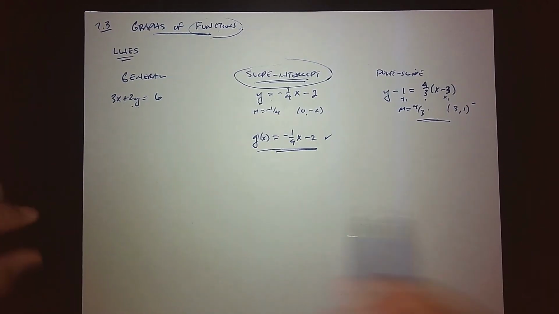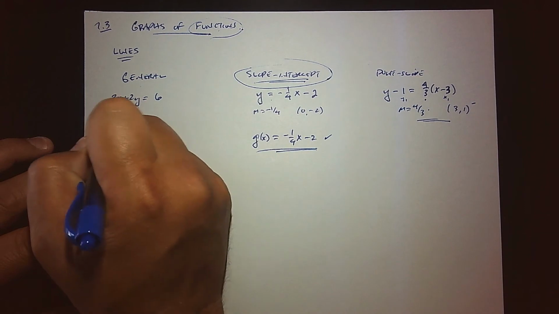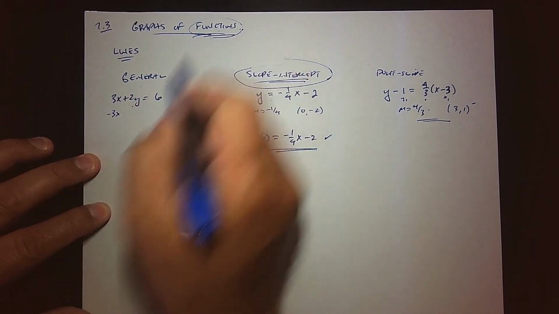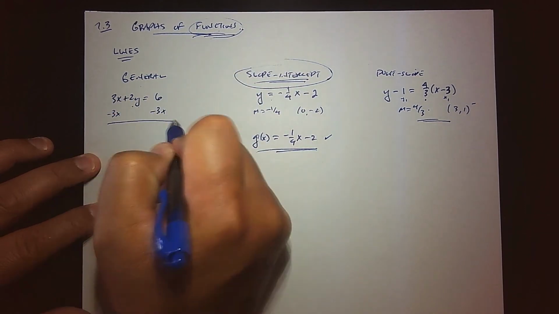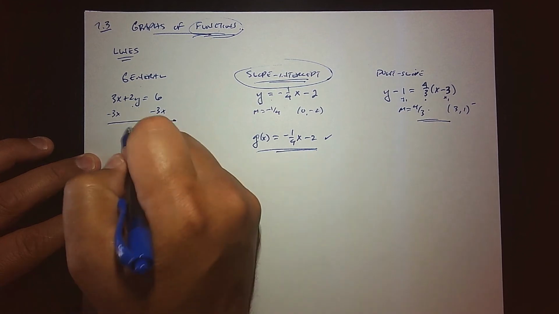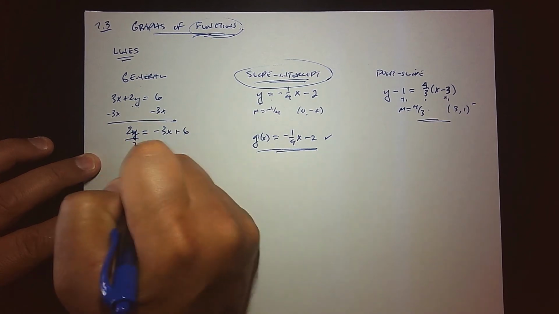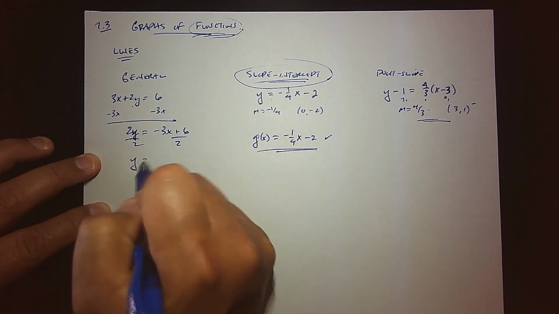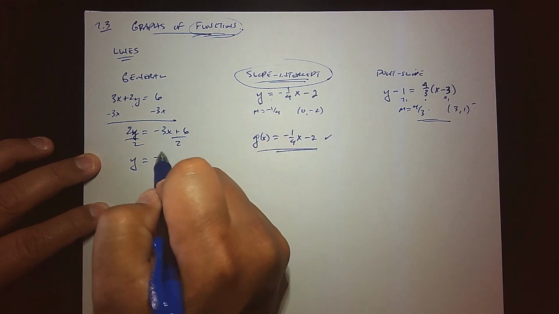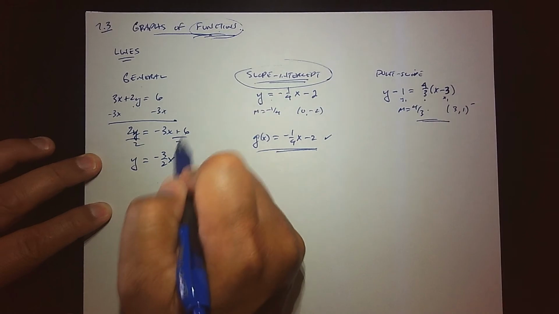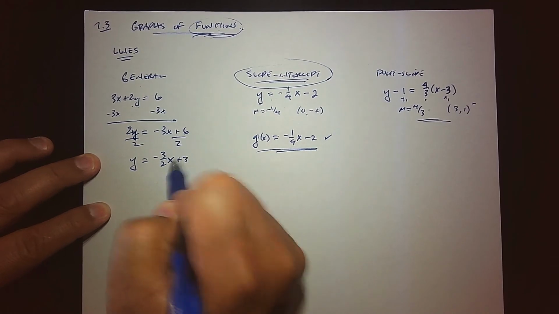So for the general form, the idea to put it in function form is we've got to solve for y, so I'll subtract 3x from both sides, and then divide everybody by 2, and keep in mind there's two fractions there. There's negative 3 halves x, and then 6 divided by 2 is a positive 3.